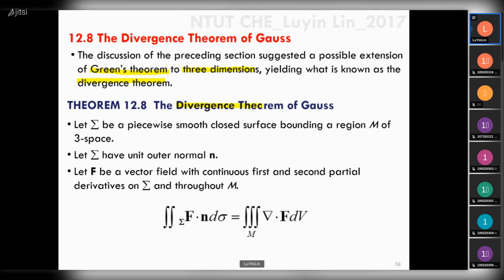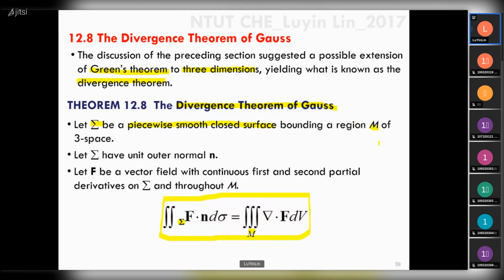So the divergence theorem of Gauss, or Gauss's divergence theorem. The formula, the equation here, please memorize. So let's see. First, sigma is a piecewise smooth closed surface. Second, M is bounded by sigma.